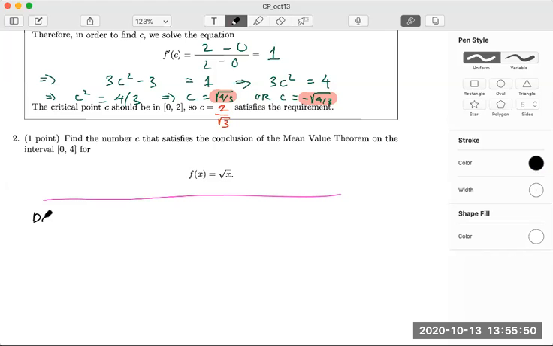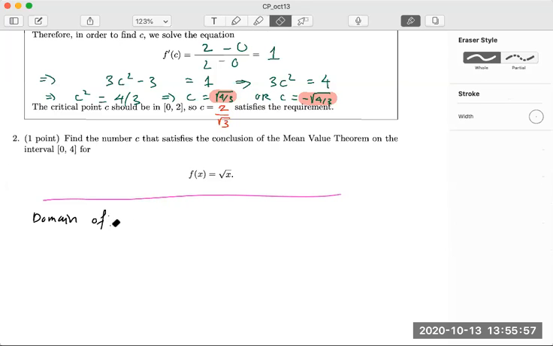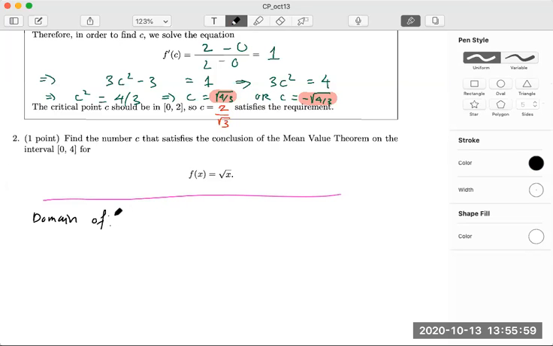So the domain, in general, we have the condition that, what is the condition of the square root function?